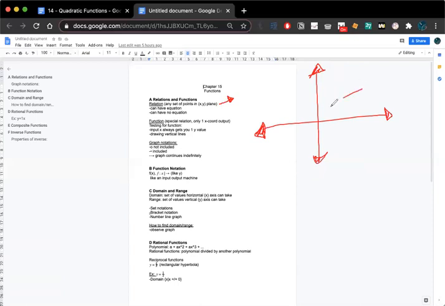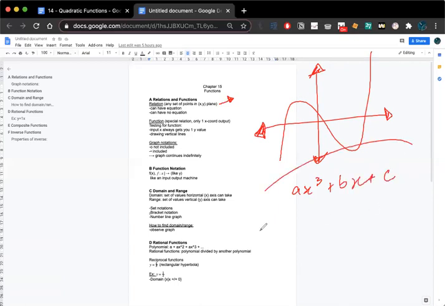Because if you draw something like this, then the equation here would be x equals y squared. And if you draw something like this, then the equation would be ax to the power of 3 plus bx plus c. So you can establish a relationship between the y and the x.